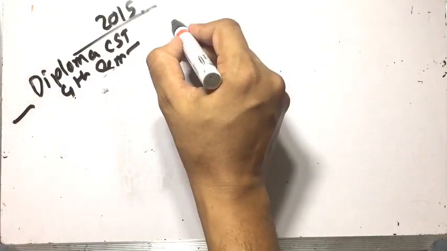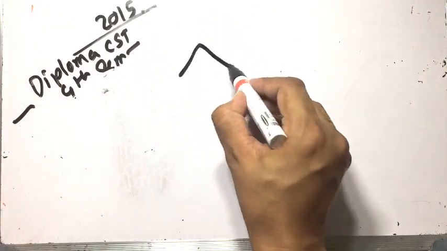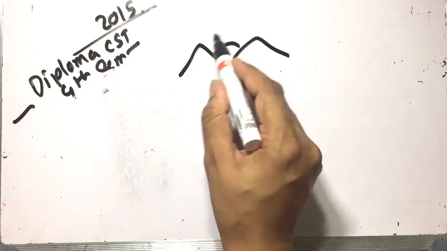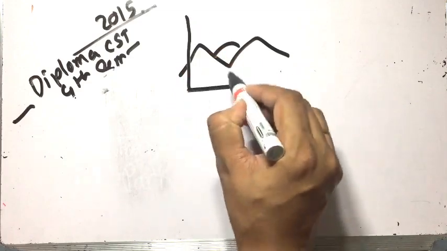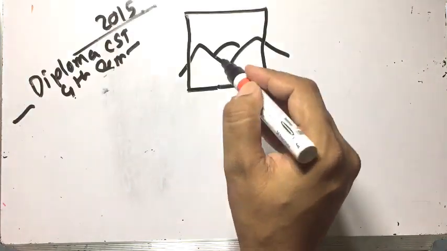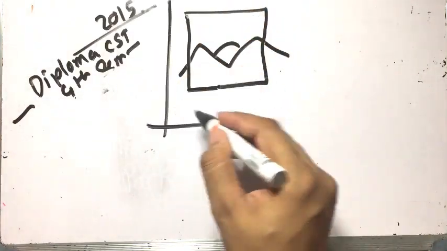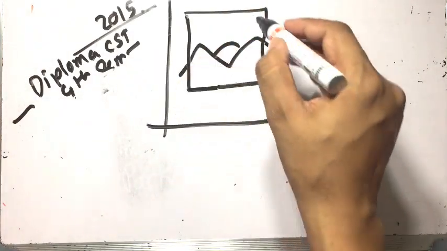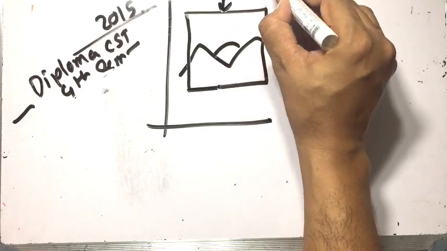Suppose this is a picture of a scenario, and this is the view. This is the world coordinate system, and this view is known as the window.